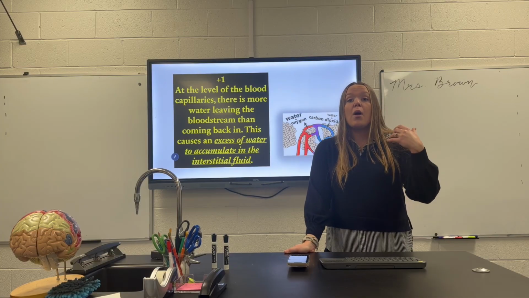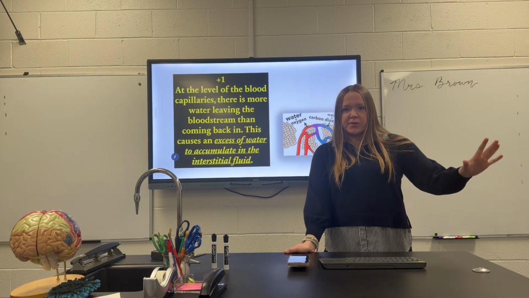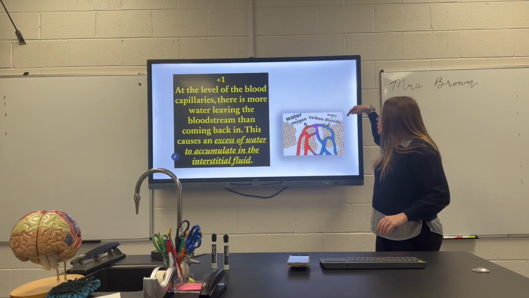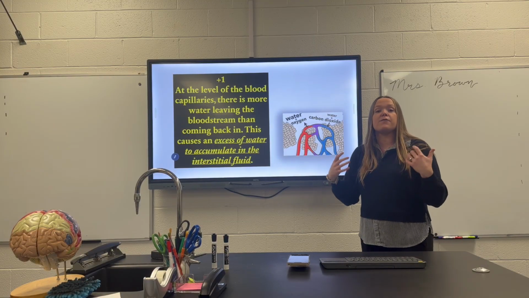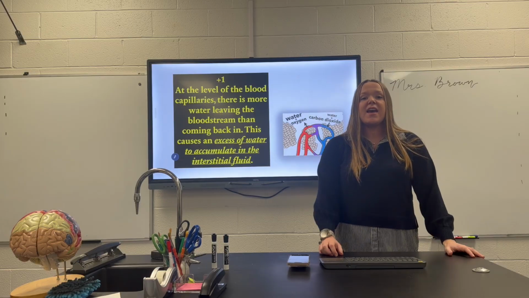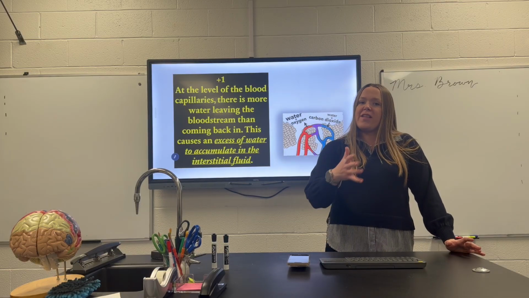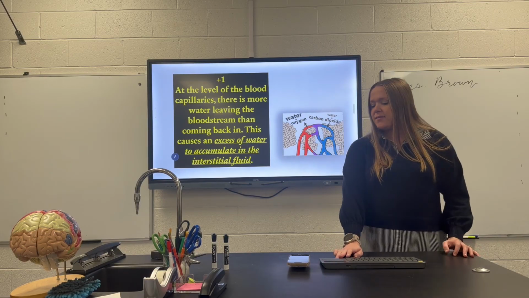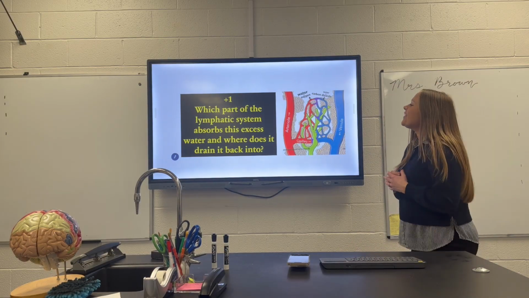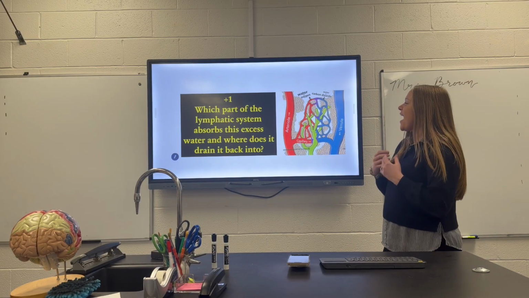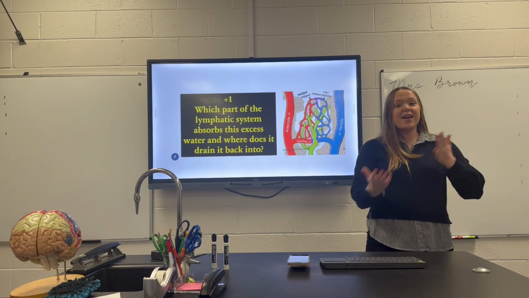And there's more water leaving the blood vessels than actually is returning back into them. Because of that, there's an excess of fluid in the interstitial space. And that's how the building up of that edema or swelling happens. Okay. Which part of the lymphatic system absorbs this excess water, and where does it drain back into?